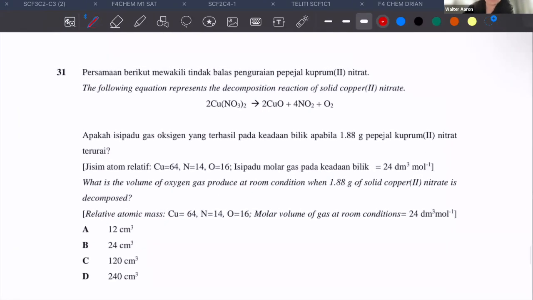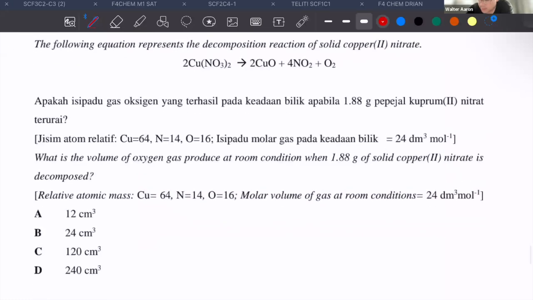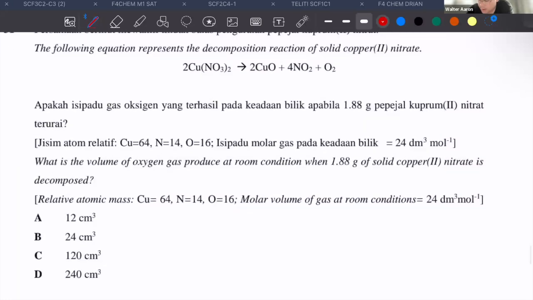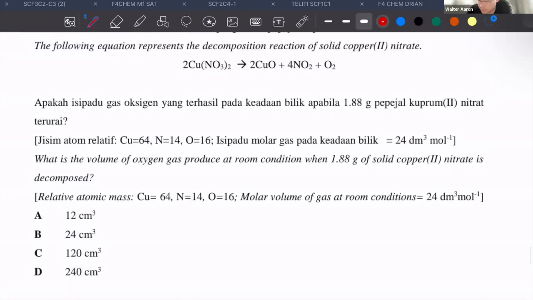31, the following equation represents the decomposition reaction of solid copper nitrate. It shows 2Cu(NO3)2 breaks down to form 2 copper oxide, 4 moles of nitrogen dioxide, and 1 mole of oxygen. What's the volume of oxygen gas produced at room conditions when 1.88 grams of solid copper nitrate is decomposed? Let's calculate the Mr of copper nitrate. This is a 2:1 ratio.